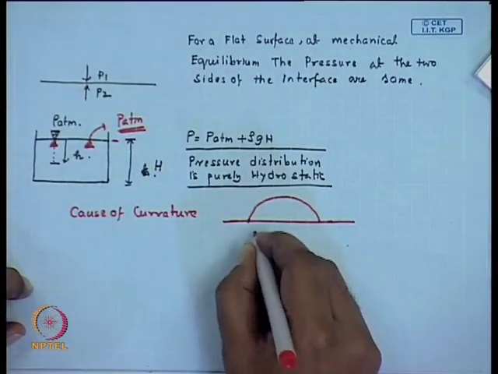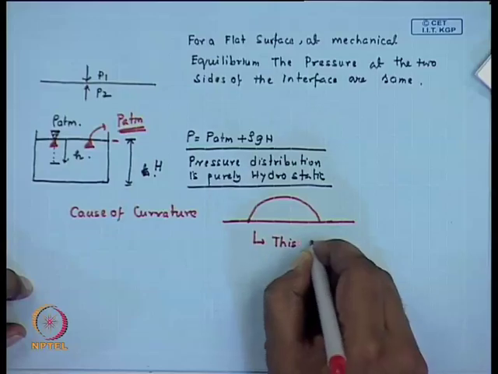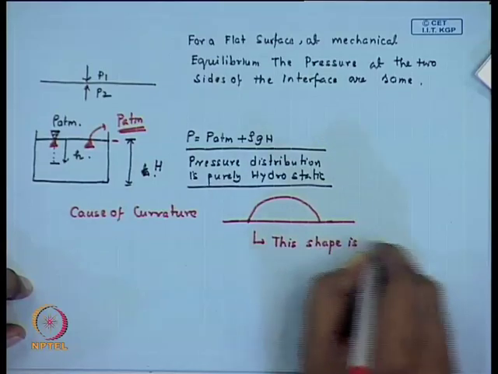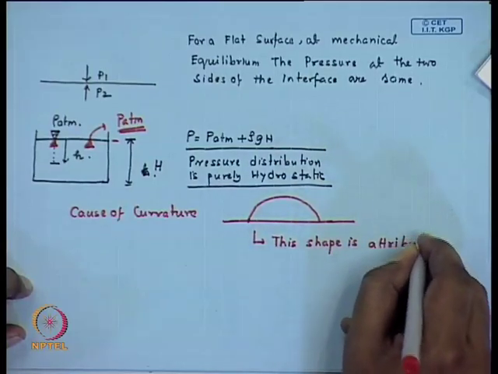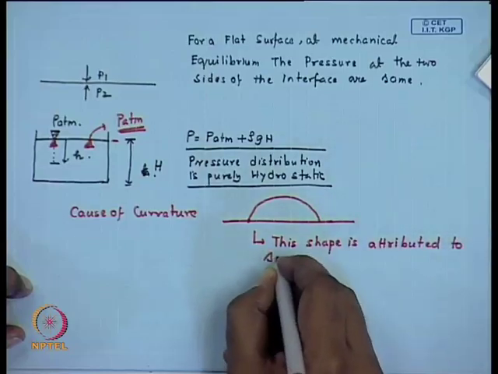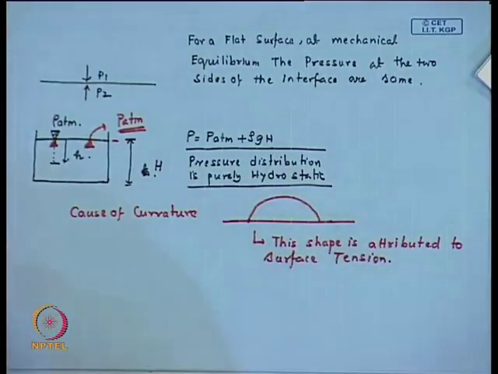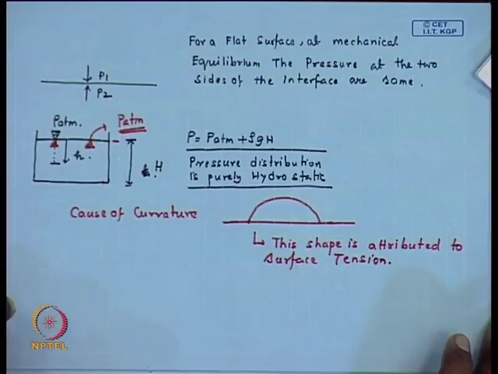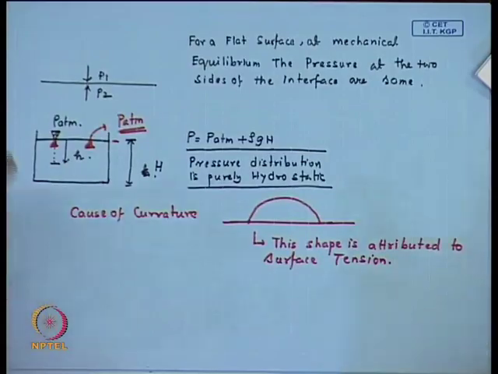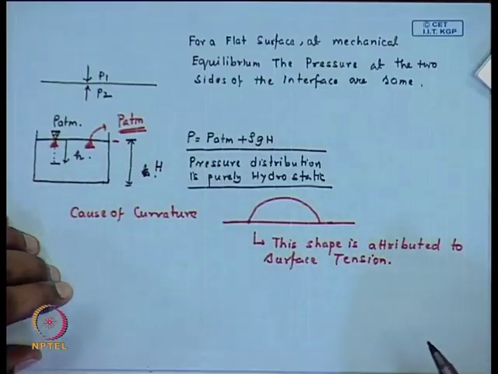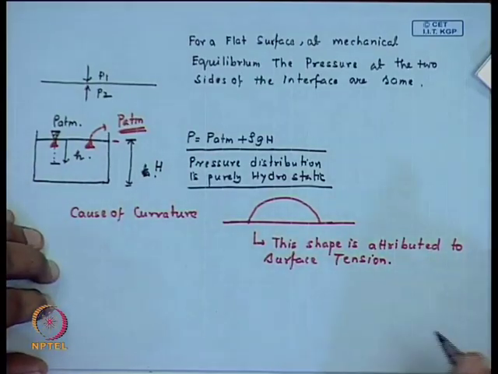We understand that this is attributed to surface tension, as it tries to minimize the number of molecules which are present on the surface to the minimum possible extent, and therefore, you get to this curvature. Now, so there is essentially an inward resultant or effective attraction, the molecules reorganize themselves, and this reorganization is based on energy minimization.